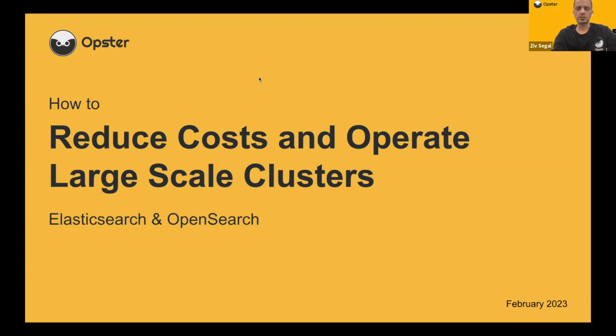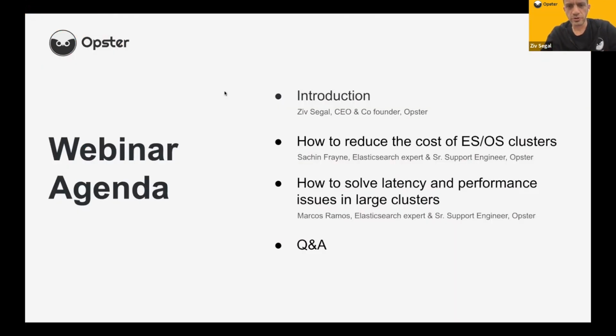So this webinar is about reducing cost and how to operate large-scale clusters, both Elasticsearch and OpenSearch. First, an intro by me. I'm Ziv, the CEO and co-founder of Opster. After the intro, we're going to move to Sachin, who is going to talk about how to reduce cost of Elasticsearch and OpenSearch clusters.